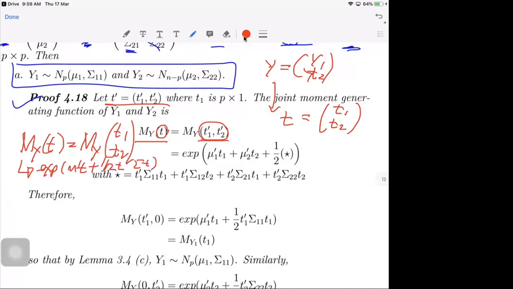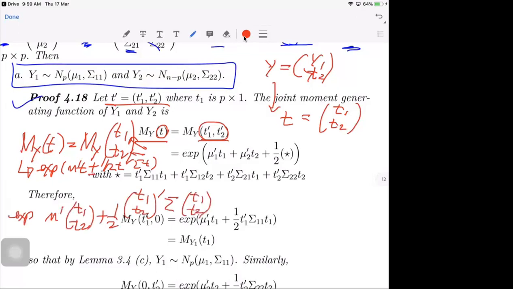But we can also partition t into t1 and t2. So what happens here? We have the exponential of mu prime at t1, t2 plus 1/2 of t1, t2 prime sigma t1, t2, or equivalently mu prime t1 plus mu prime t2. But we also partition mu into mu1, mu2, so that is what becomes mu1, mu2.